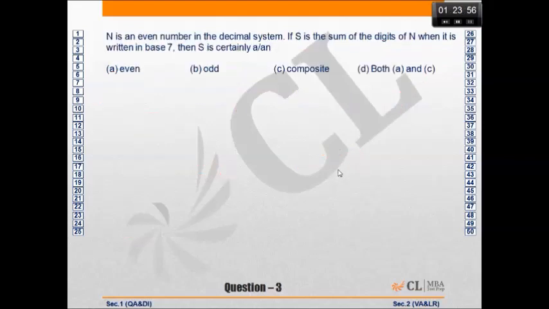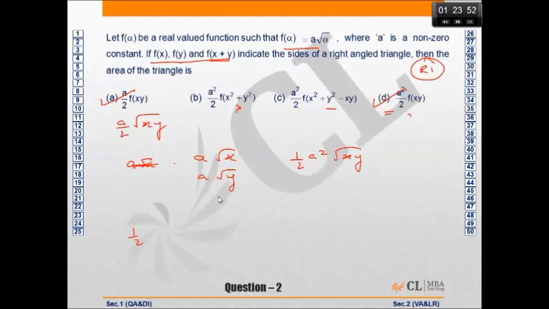Okay, I confused out here. Let me just check out the constant. A by 2, yeah, it should be D. I'm sorry. So correct answer should be D.